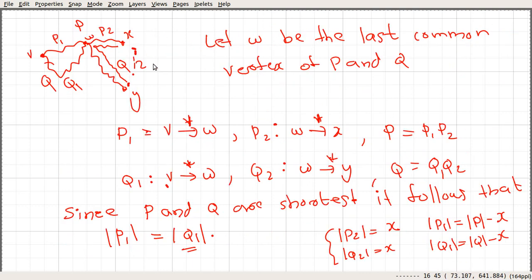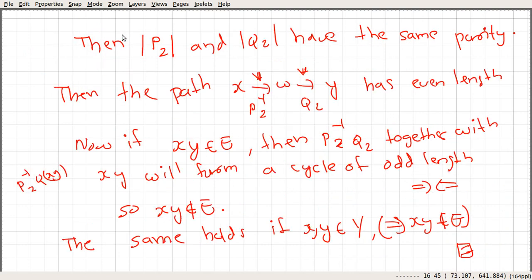So this cycle x, p2 inverse, q2, y, x. It is not xy, I think it is yx. It will form a cycle of odd length, because this portion has even length, and this is an edge of length 1, so even plus 1 is odd. We will form an odd cycle, so we have this contradiction.